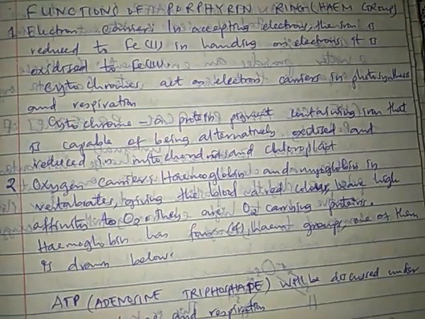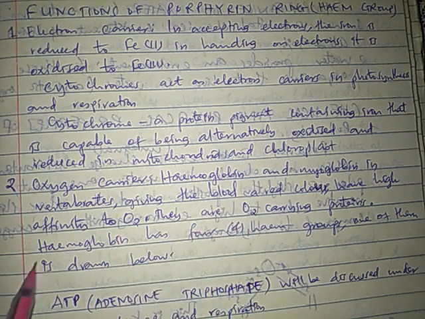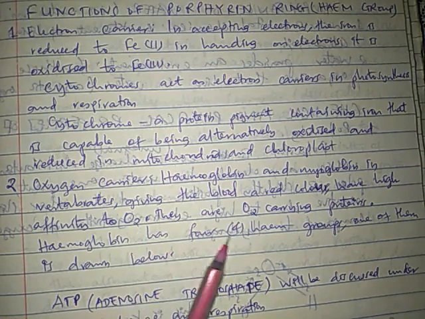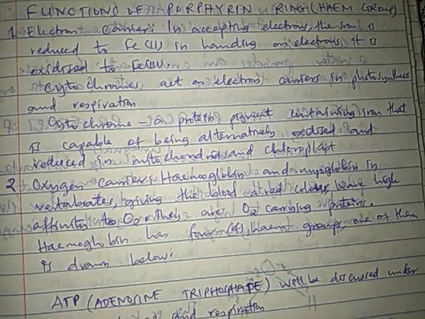Lakini pia polypeptide ring inaweza ku-act kama oxygen carrier kwenye hemoglobin na kwenye myoglobin in vertebrates, giving the blood a red color, have high affinity to oxygen. They are oxygen carrier protein. Now hemoglobin has 4 heme groups. One of them is drawn below.